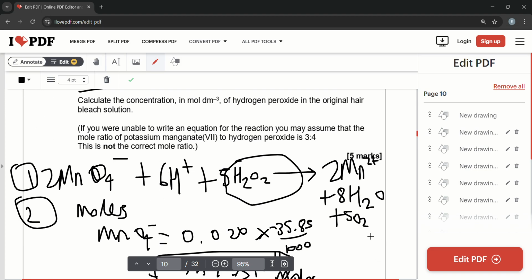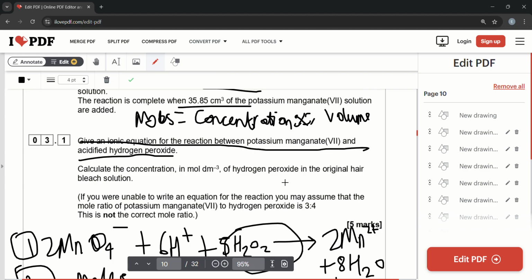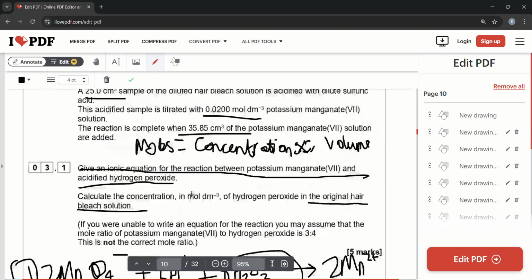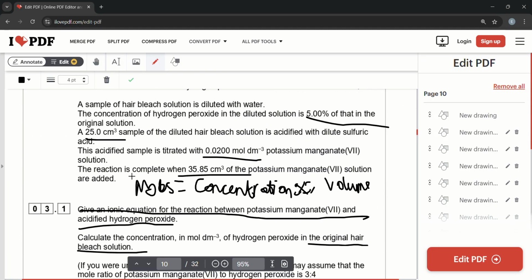However, if you read the question, it says calculate the concentration of hydrogen peroxide in the original hair bleach solution, and it says here that the concentration of hydrogen peroxide in the diluted solution is 5% of that in the original solution. So we've just calculated the concentration in the diluted solution, because remember we did this titration with the diluted hair bleach solution.